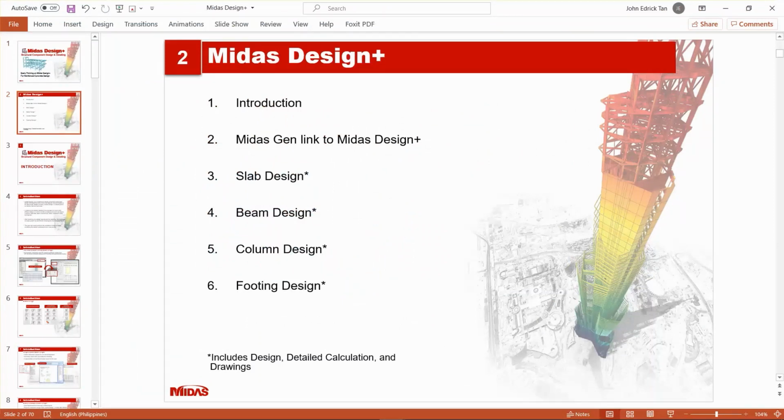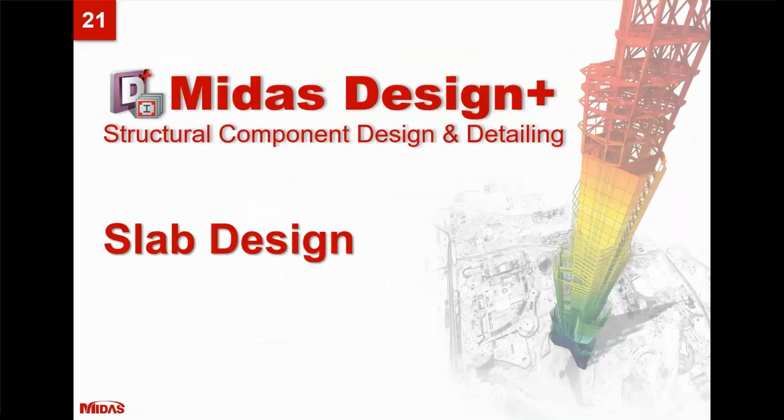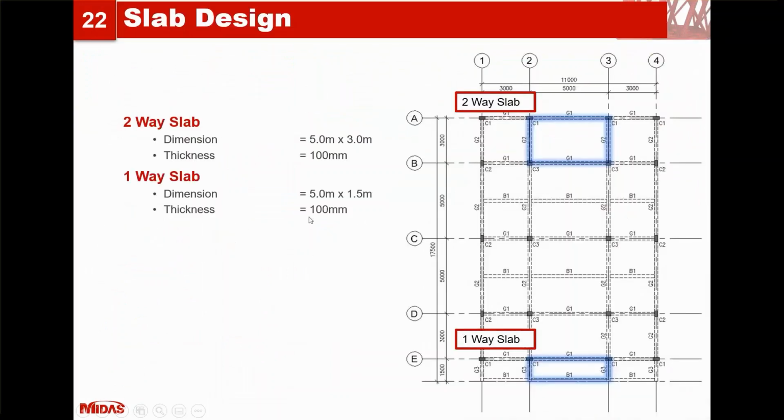So the first we're going to do is the slab design. So here is the slab that we're going to design. So for example, this part for the two-way slab, and then this part is for the one-way slab.